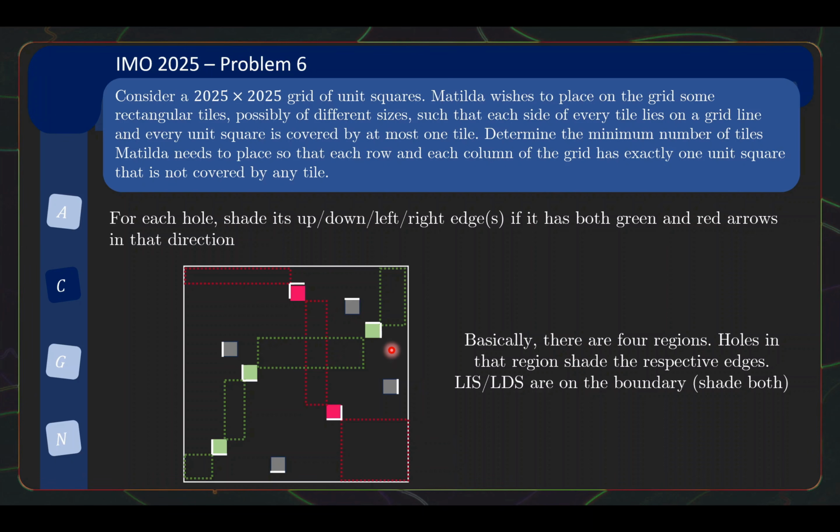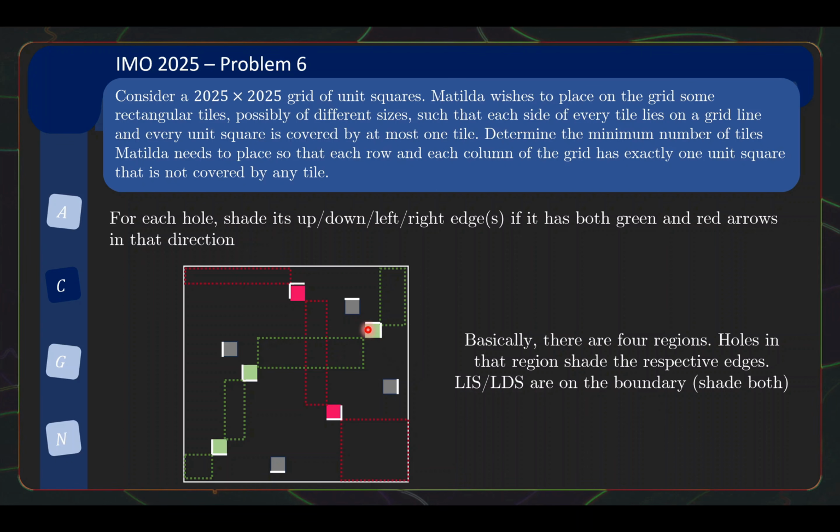What I'm trying to achieve here is that there are four regions: up, down, left, and right. The holes in that region will be shaded on their respective edges. This hole is in the up region, so it has its up edge shaded. Meanwhile, LIS and LDS holes are on the boundary, so we'll shade both.